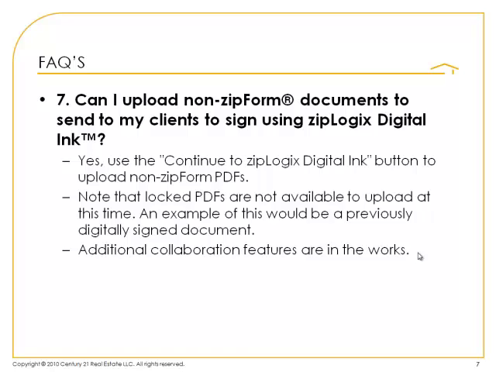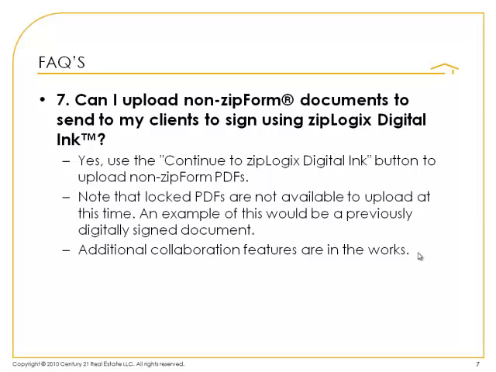I'm going to take an office form and I'm going to load it up, and we'll go through how actually you could do that. Locked PDFs: a PDF that has been made by Adobe Acrobat or a similar type program can be locked, which would make it ineligible for use through the DigitalInk program.